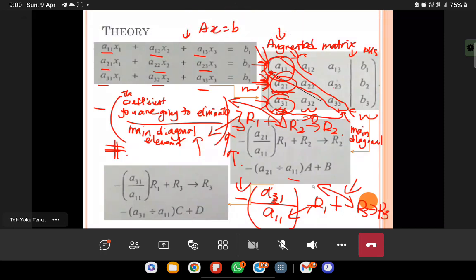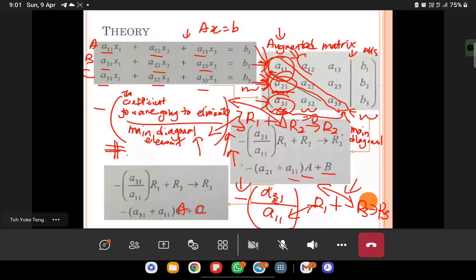Okay, and then for the calculations, normally we just refer to the rows as A, B, C here. So for the first row, when we use the formula, we just use it as A. The second row we use as B, and the third row we use as C. Maybe here it is defined as the new row, but normally I just use the same thing, R3 as the C here.